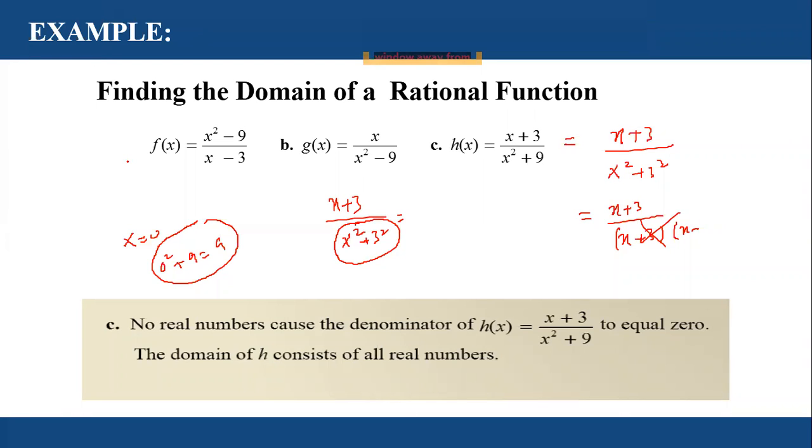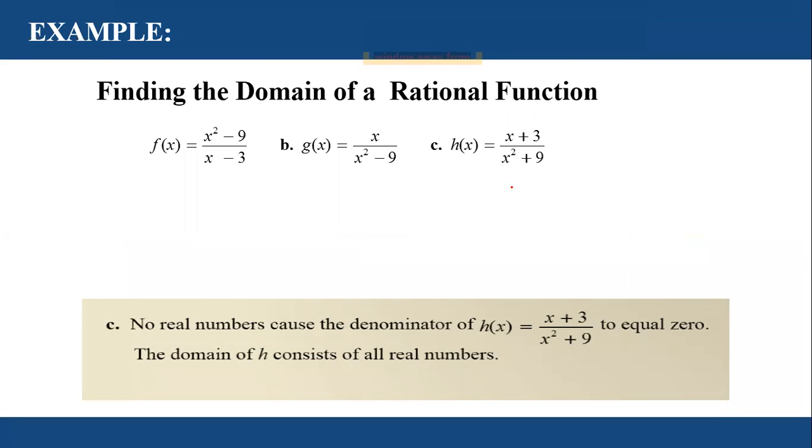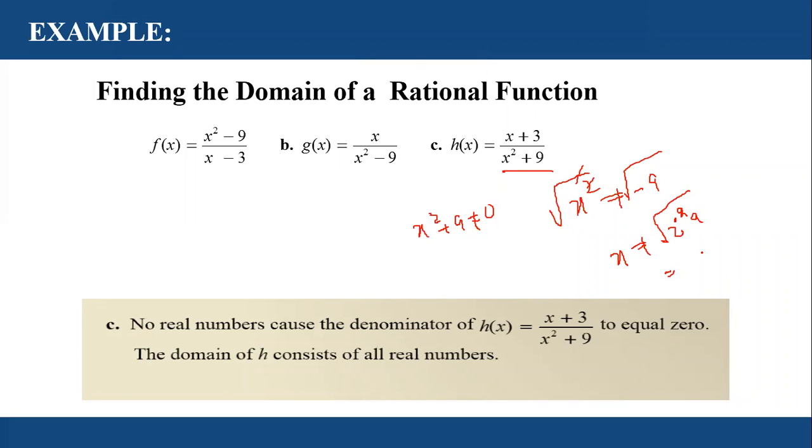Yes, you can find the complex roots. If you want to find the complex roots, just put the denominator not equal to 0: x square plus 9 must not equal 0. Transfer 9 to the other side, x square must not equal minus 9, and taking the square root, x is not equal to, we have minus 9, so we can write iota square and 9, or simplify like 3 iota, but plus minus.